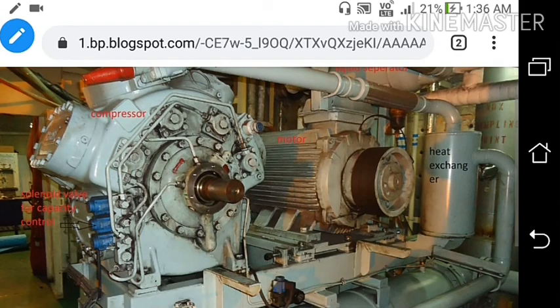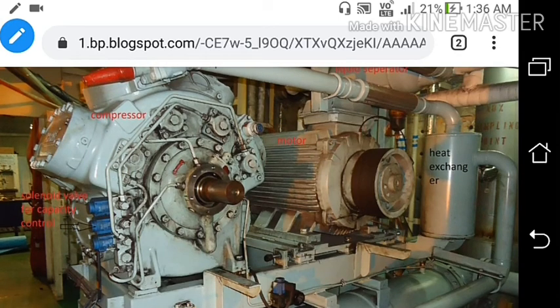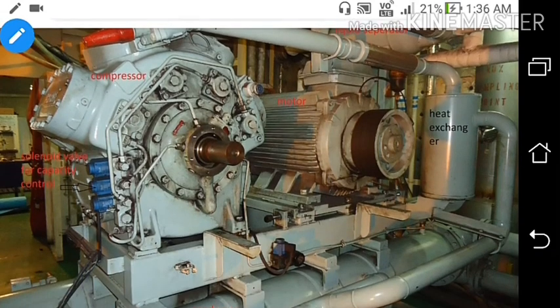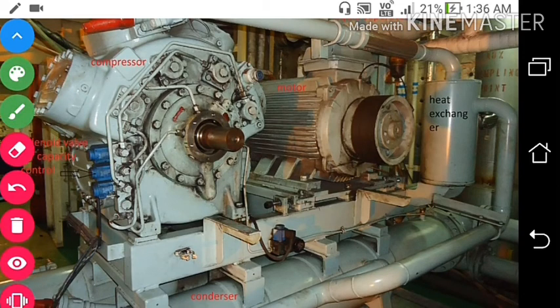So why is there a need for this capacity control? If you are in a colder region, then there will always be an LP cutout, because in the colder region the set temperature is always reached.